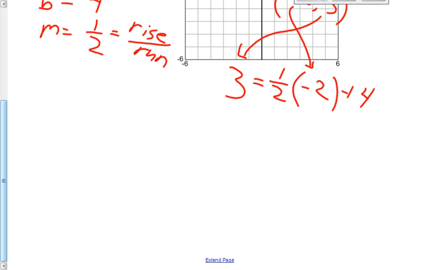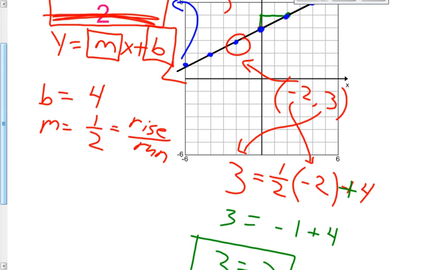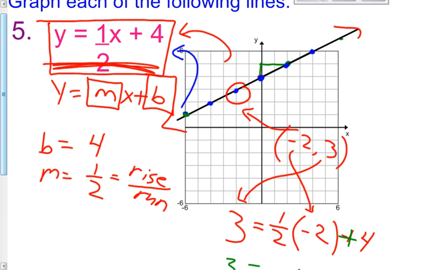What is half of -2? -1, plus 4 equals 3. And as you can see, 3 equals 3. The left side will equal the right side every single time you pick one of these points. So you can check your work on these to make sure that you are correct. I'm not telling you that you have to check your work, but it's a good idea if you'd like to.